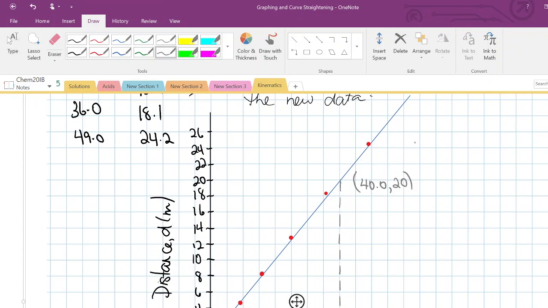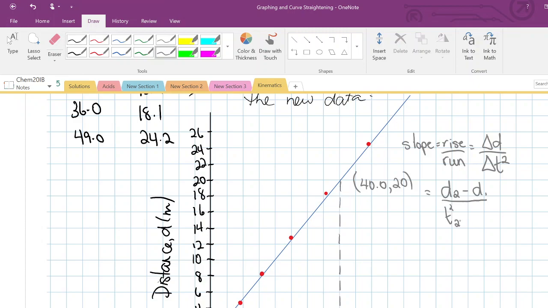And so now for my slope, I know that's my rise over my run. And in this case, it's my change in my distance over my change in my time squared. And so that's going to be distance 2 minus distance 1 over my time squared 2 minus my time squared 1.